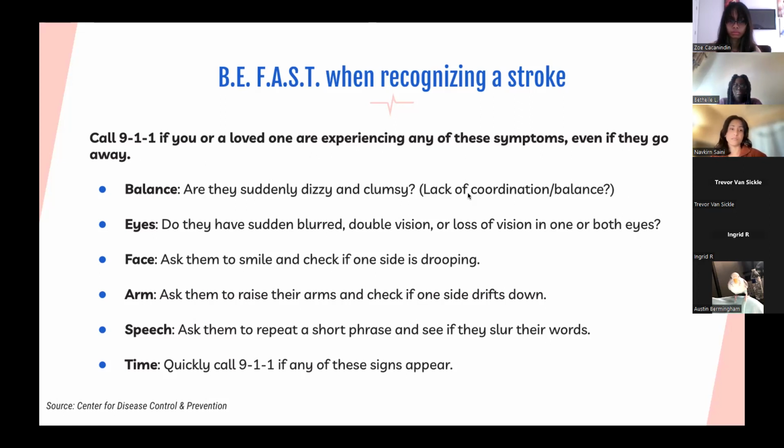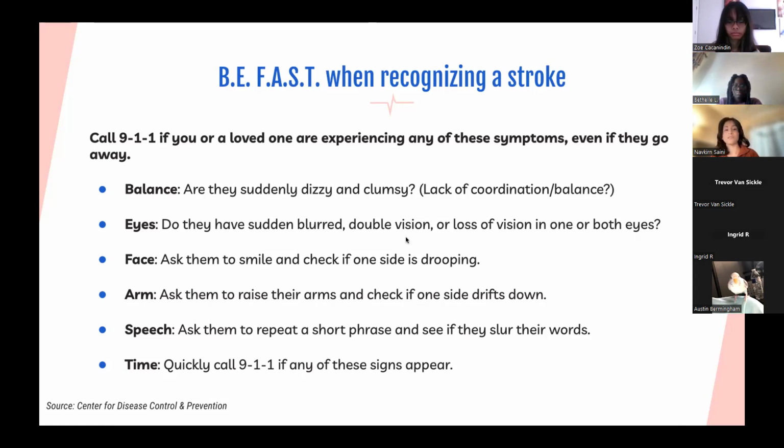When looking at their eyes, you would want to see if their vision has changed in any way. Is it suddenly blurred? Do they have double vision, or can they just not see in both eyes? When looking at their face, you would want to make sure that both sides are equal, right?